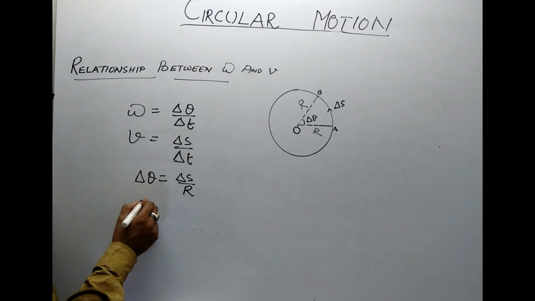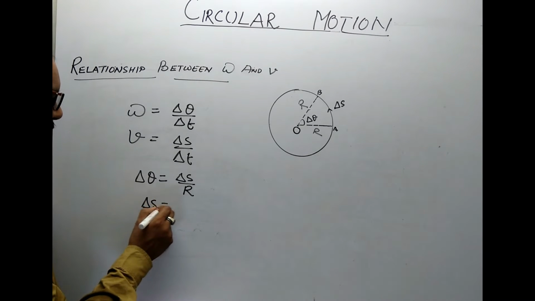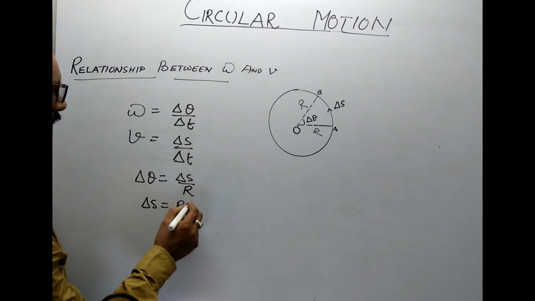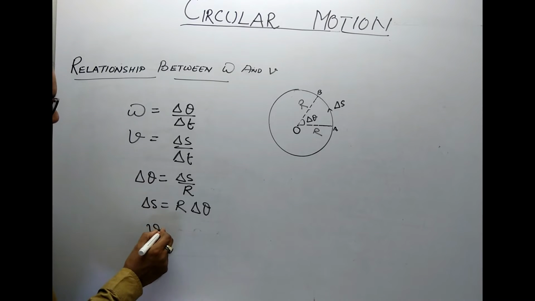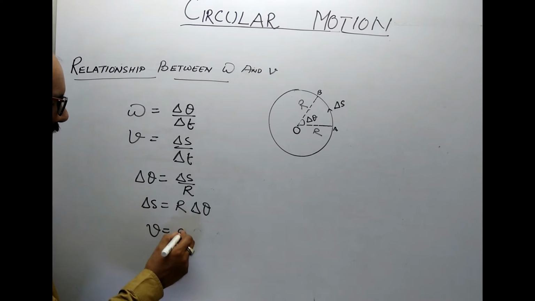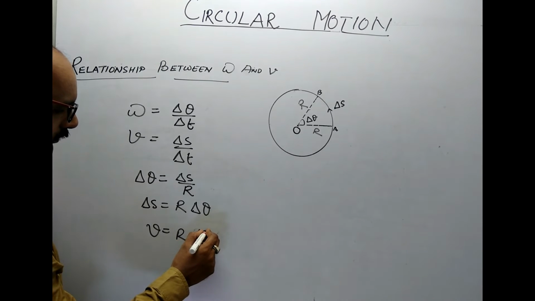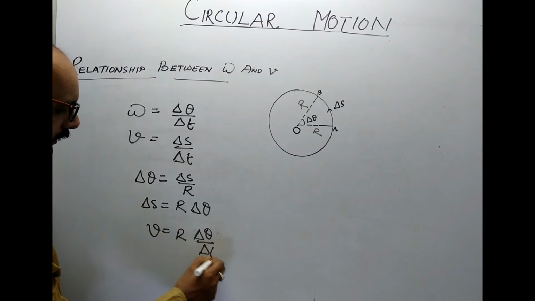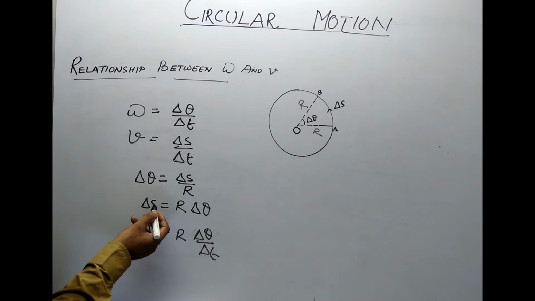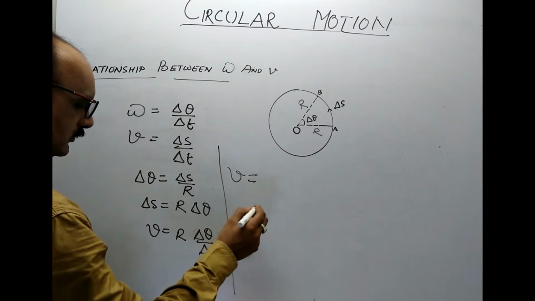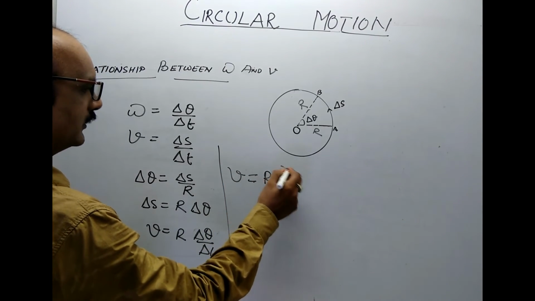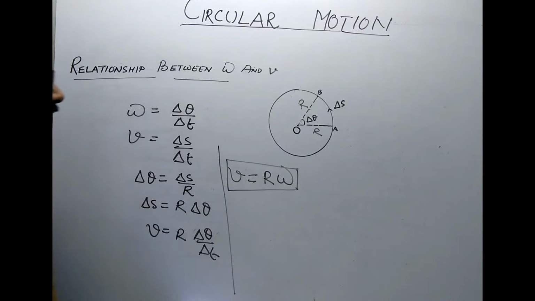That is delta s equal to r delta theta. Now v equal to r delta theta by delta t. Substituting the value of delta s in this equation, what we will get? V equal to R omega. Right. This is the relation between linear velocity and angular velocity.